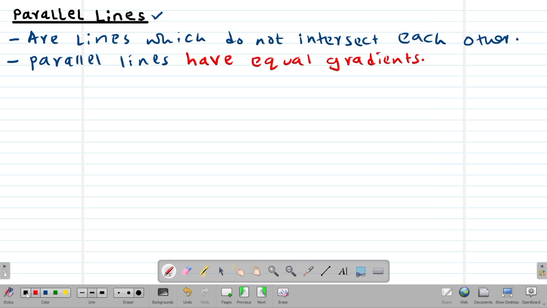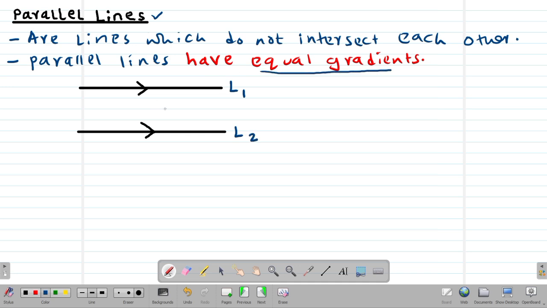Now let's consider two lines which are parallel to each other. Suppose this is our first line, then of course we have the second line here. If these lines are parallel, they'll be represented this way, with an arrow. If I let this be my line L1 and this be my line L2, then if these two lines are parallel, their gradients must be equal.